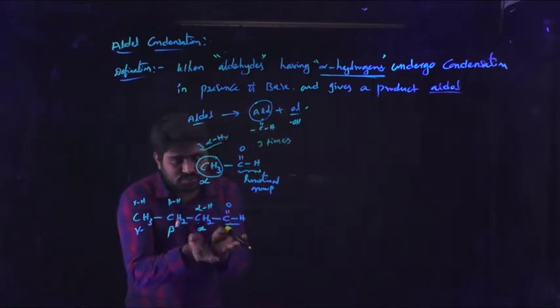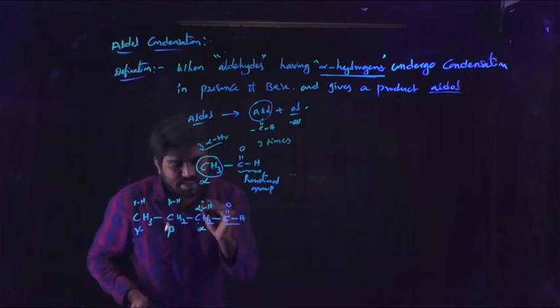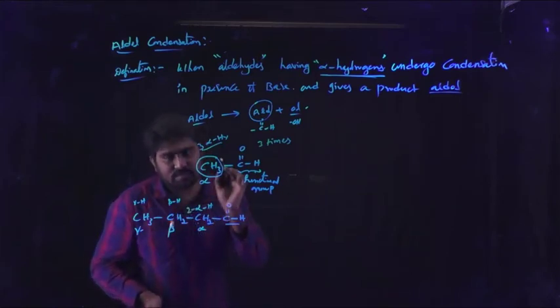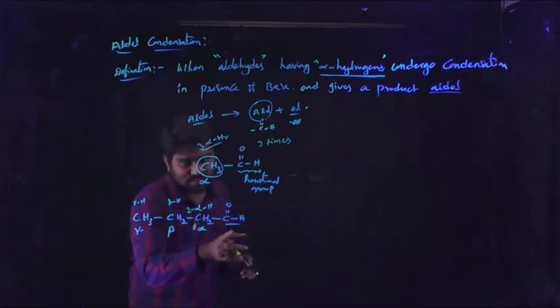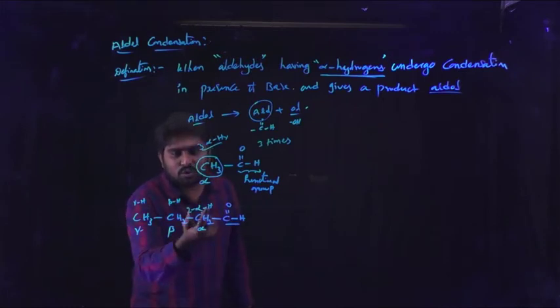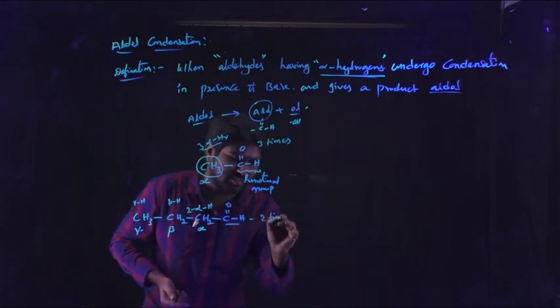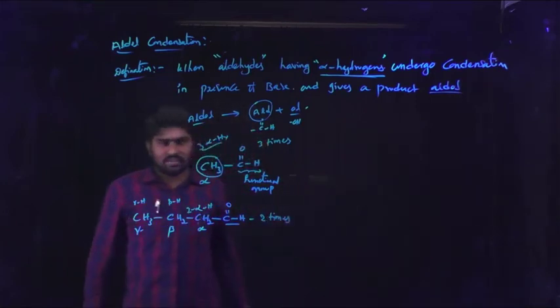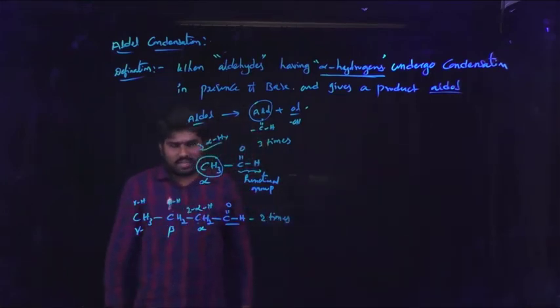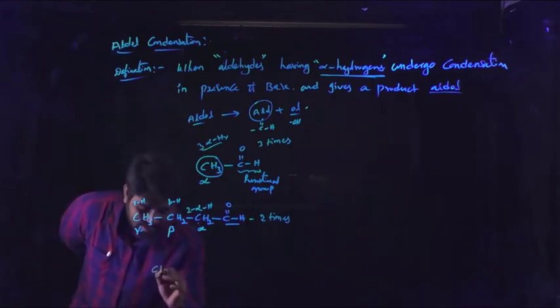Coming to this one, this is the functional group, this is the alpha carbon atom, and 2 alpha hydrogens are present. So the aldol reaction takes place 2 times. Similarly, I am taking another example.